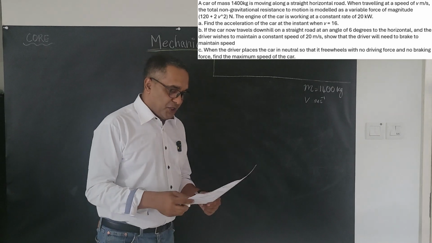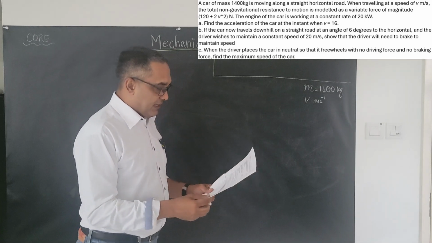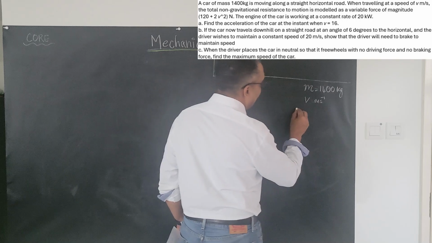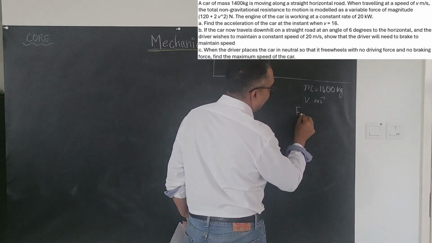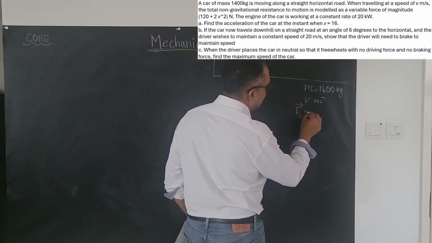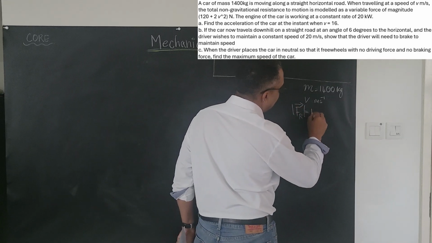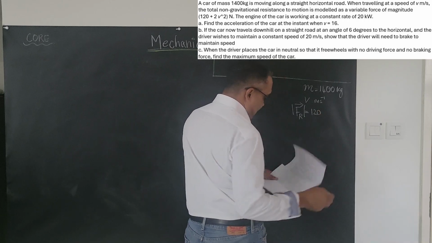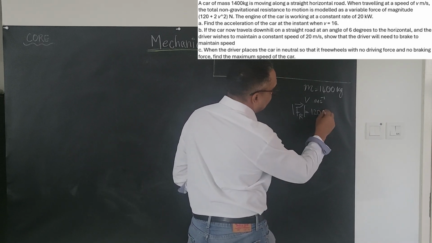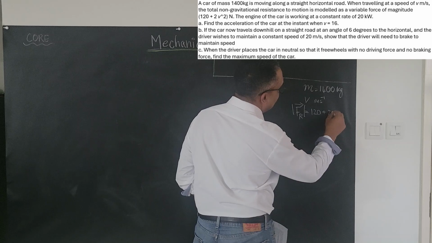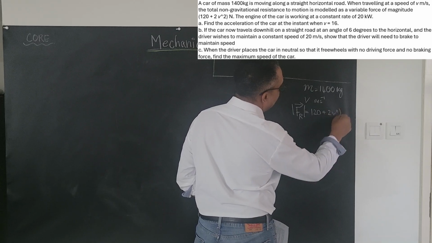He's added friction and everything else and says the magnitude of the resistive force is given by 120 plus 2 times V squared newtons. I better be careful this time.